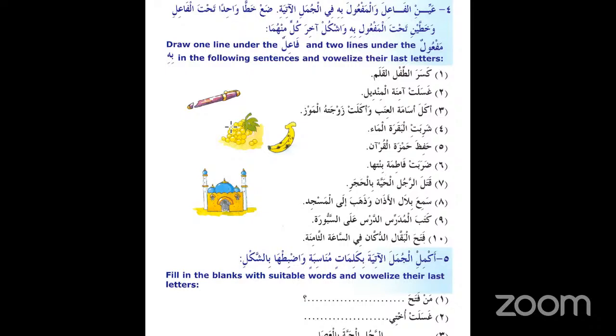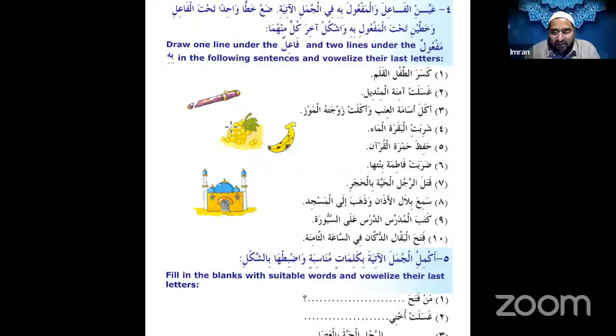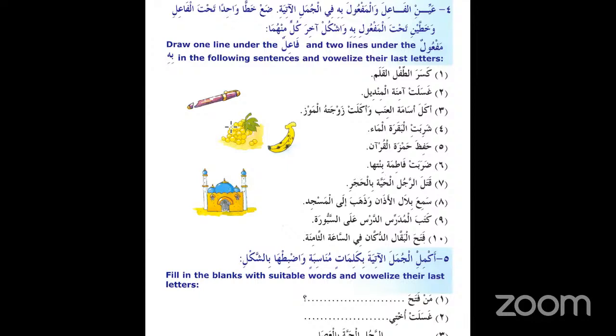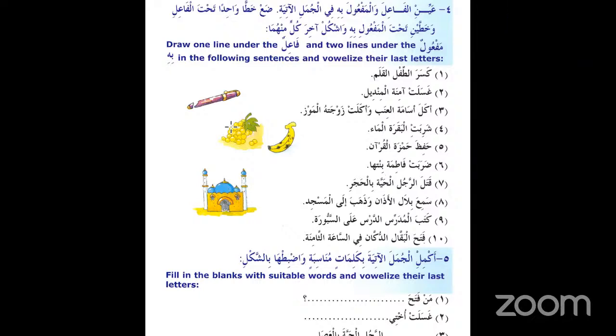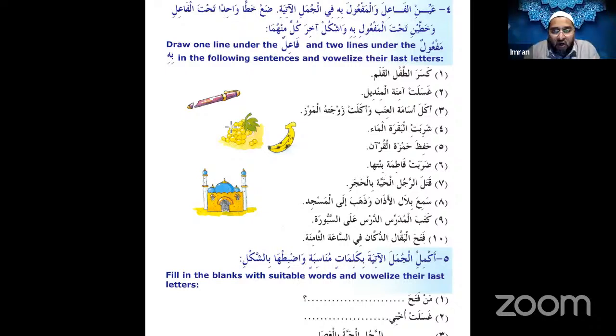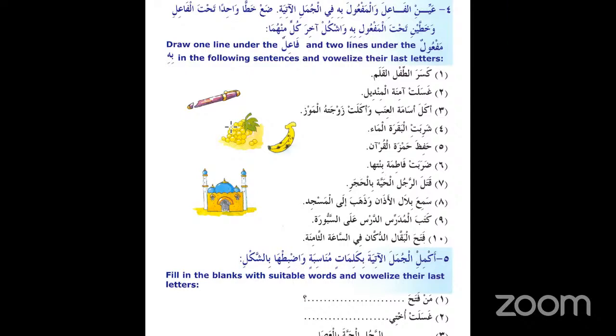The cow drank the water. Excellent. Okay. Next person, go ahead. So Sharibat will be the fi'l, verb, and Al-Ma'a will be the maf'ul bihi. So Al-Bakaratu is the fa'il, Al-Ma'a is the maf'ul bihi. Correct.